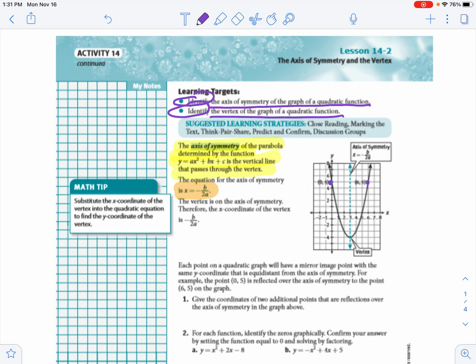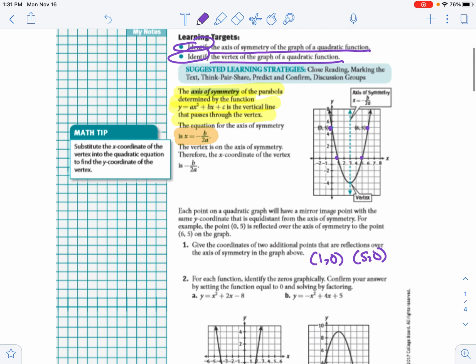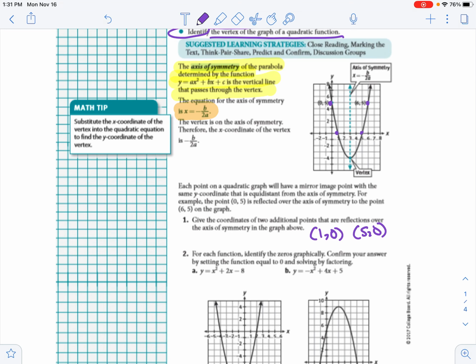So it's got a buddy on the other side. Now, question 1 says, give the coordinates of 2 additional points that are reflections over the axis of symmetry. I can see the x-intercepts, one at 1, 0 and at 5, 0. They are equidistant from that line of symmetry.